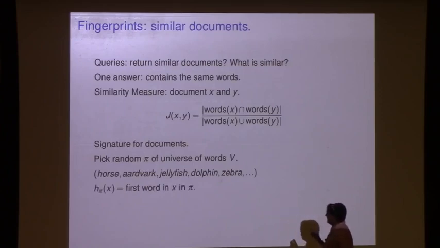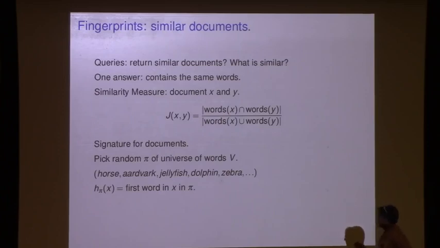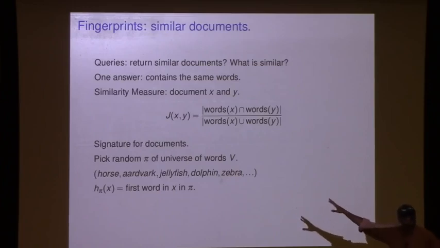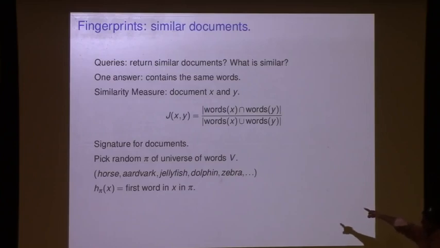Now my hash function for a document is: you take all the words in X, all of them, and you see where they are in this ordering. So maybe the document X contains dolphin, and it also contains a bunch of other words that come after it in this ordering, but it doesn't contain horse, aardvark, or jellyfish.